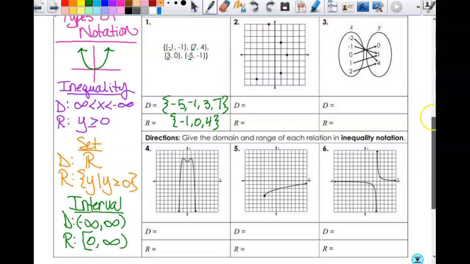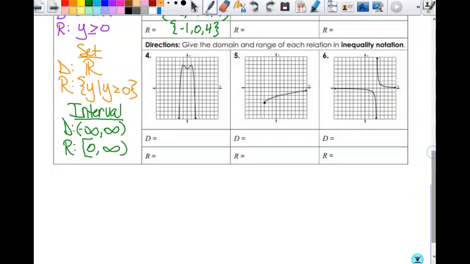All right, let's look down here. It says give the domain and range of each relation in inequality notation. All right. So for my domain, the first x, starting with the smallest, the first x I get is -3, and then it goes all the way to infinity, which means that x has to be what? Greater than or equal to -3.